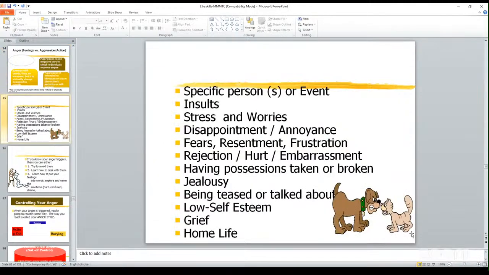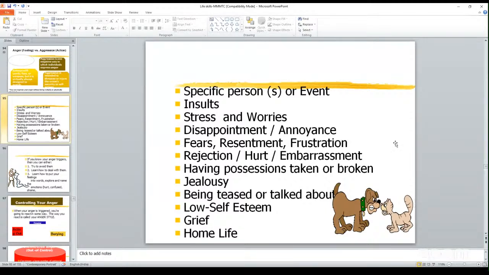Now, what are the triggers? See now, one by one. A specific person or event can trigger or evoke anger in you. An insult in front of others can trigger anger. Your stress and worries can trigger anger in you. Disappointment or annoyance will definitely evoke anger. Your own fears, resentment, and frustration can cause anger.